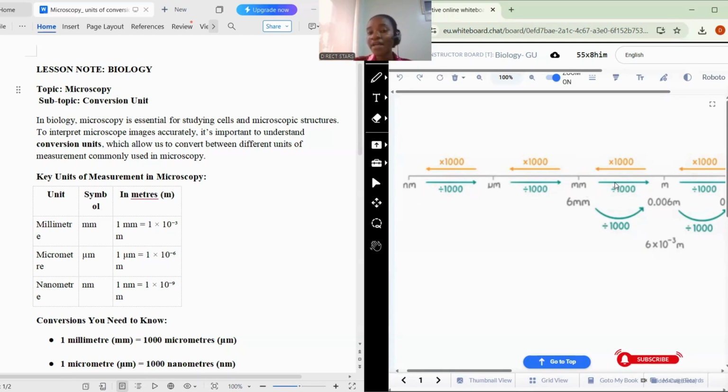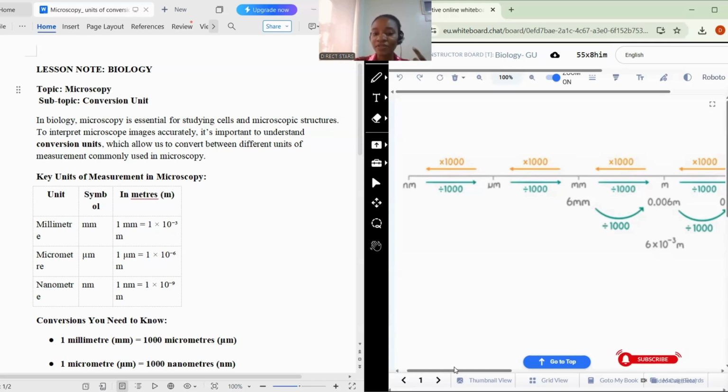But when you're converting from a larger unit to a smaller unit, you have to multiply it by 1,000. Take note of that. To convert from smaller to larger, you divide by 1,000. But when you're converting from larger to smaller, you have to multiply by 1,000.